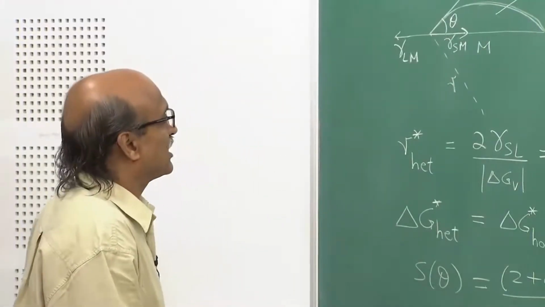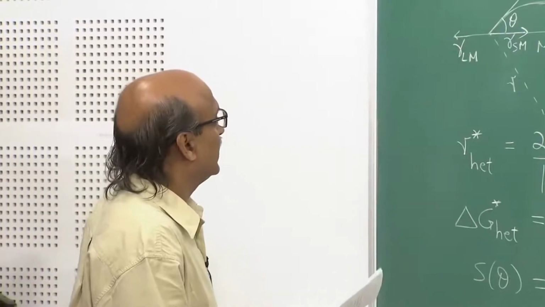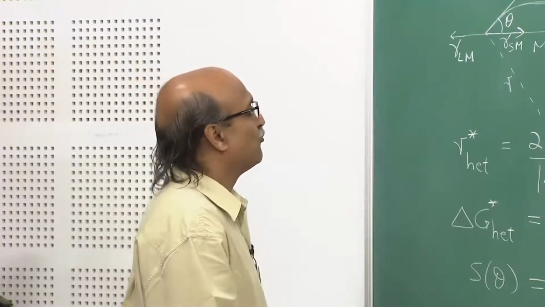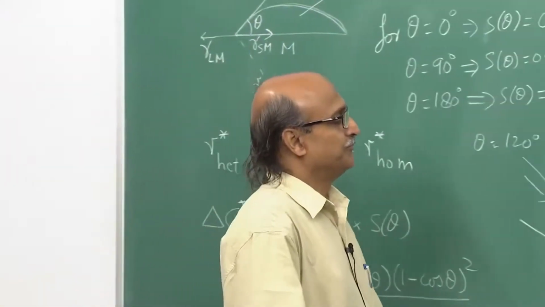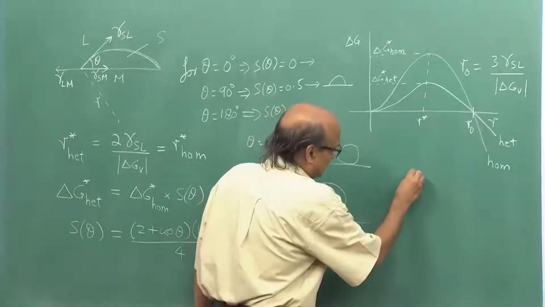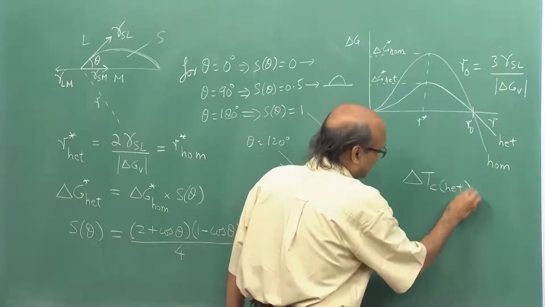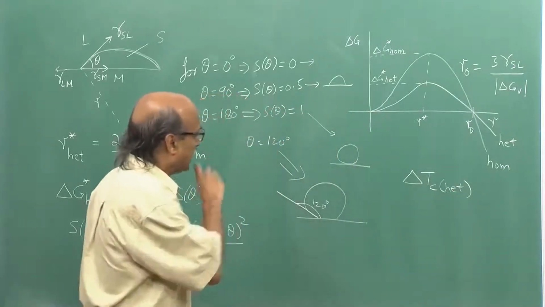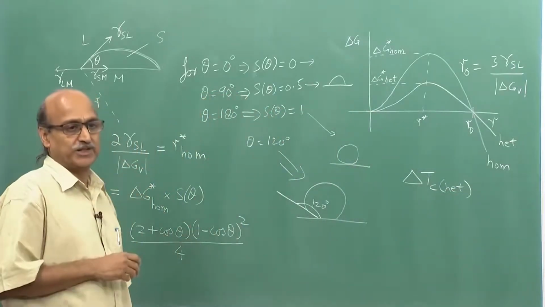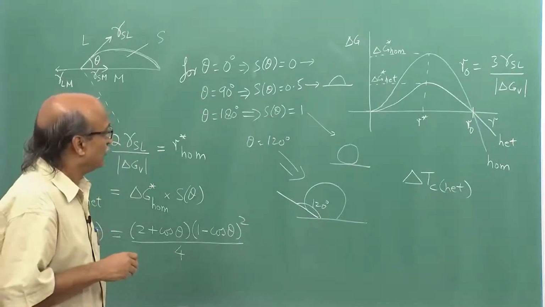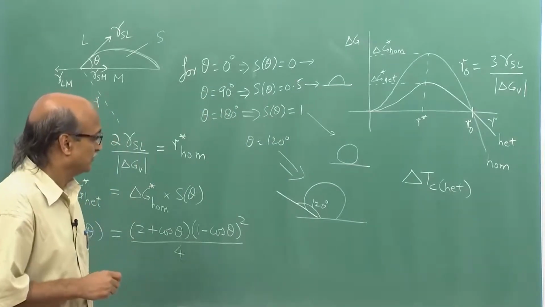Now, let us do a little bit of a calculation as to what would be the critical undercooling for the heterogeneous case and compare it with that we had obtained in the earlier lecture for the homogeneous nucleation.